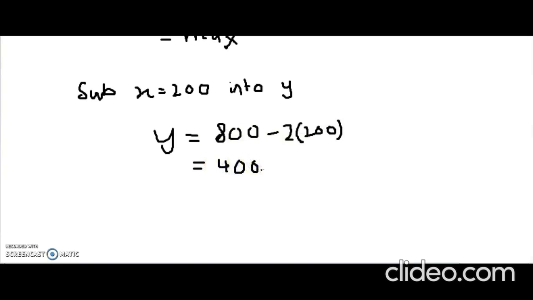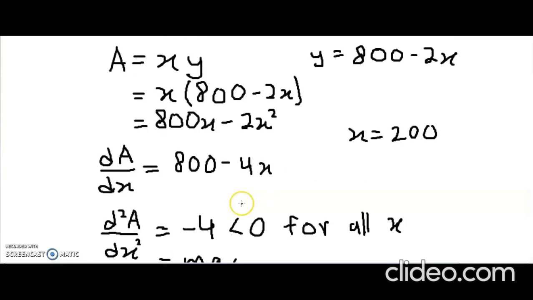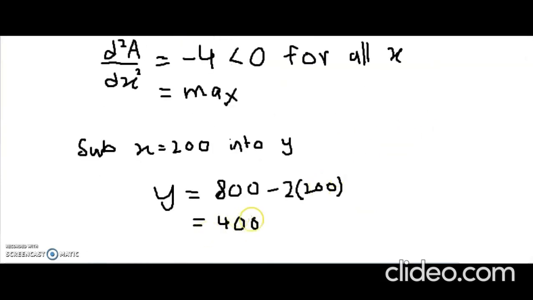So to find the area, we should use this equation: area equal xy. X which means 200 and y which means 400.